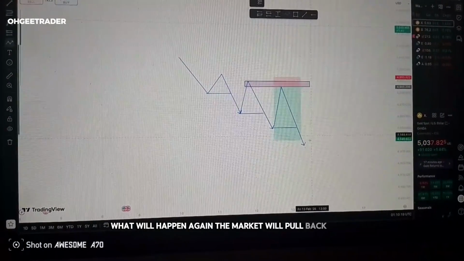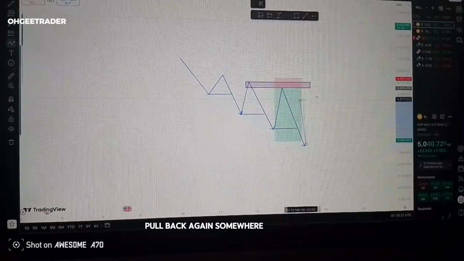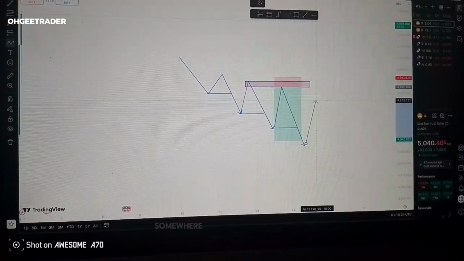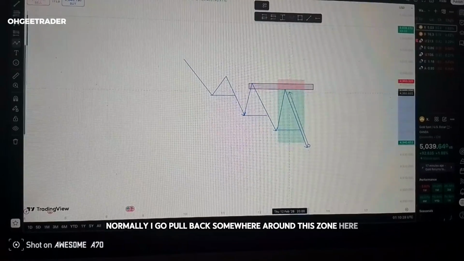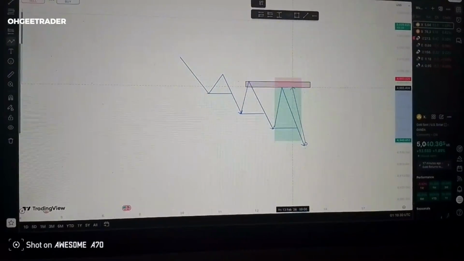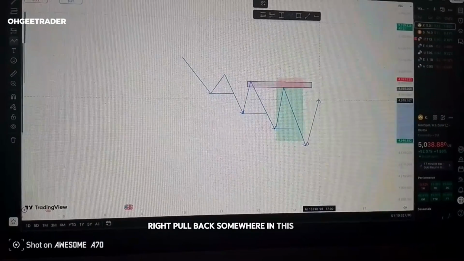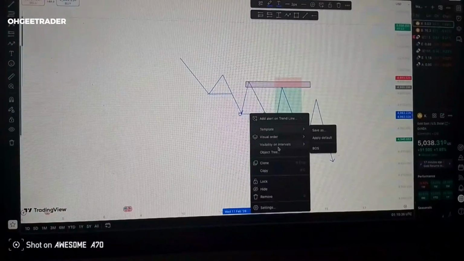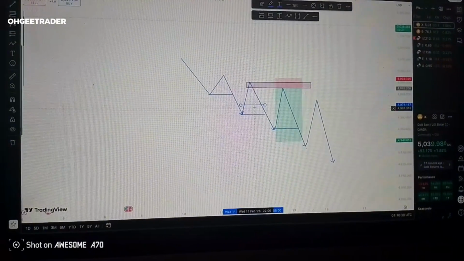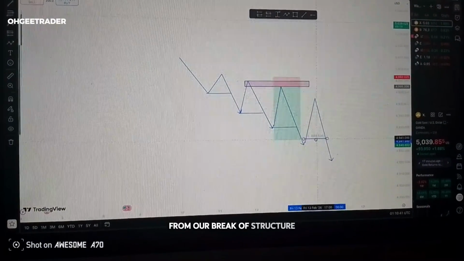The market will pull back again somewhere around this zone here, to come out from another breakout structure, since we're in a downtrend.